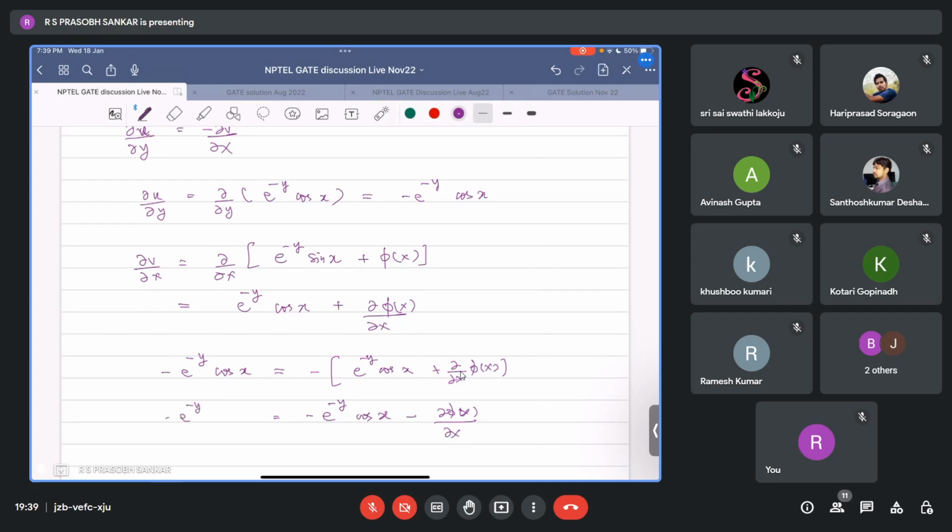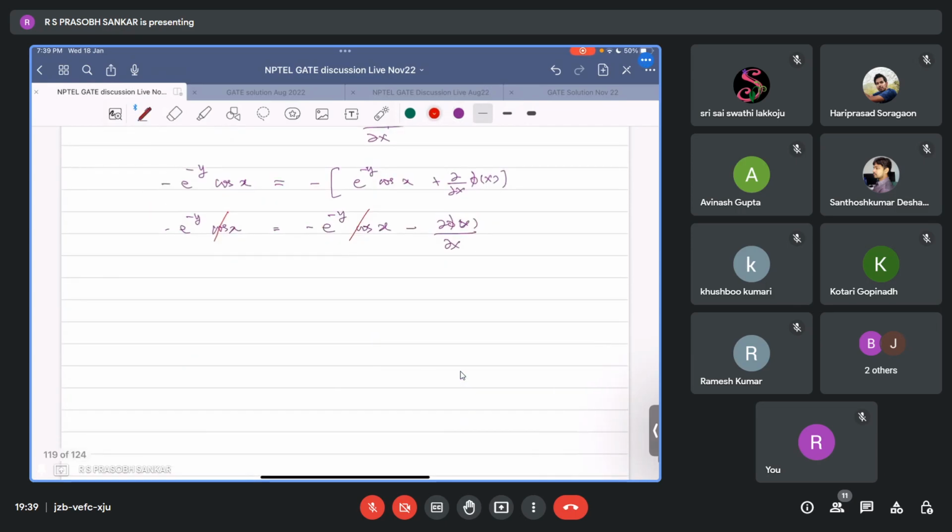These two get cancelled out. That means dou phi x by dou x is equal to 0. In other words, phi x is actually a constant. Phi x doesn't depend on x.